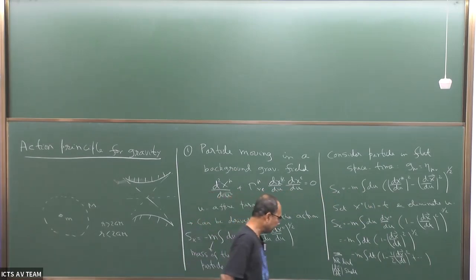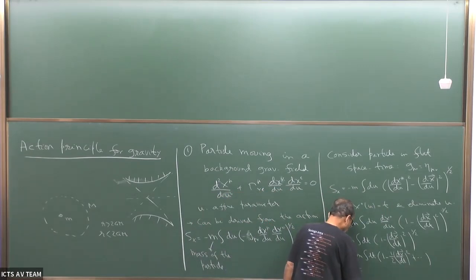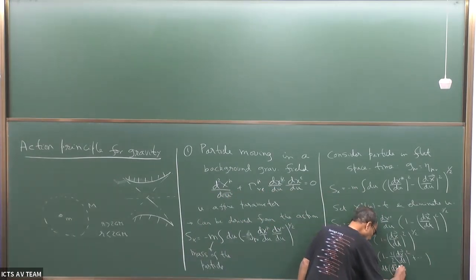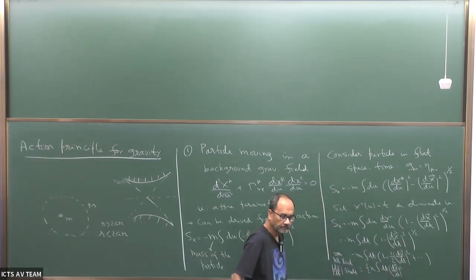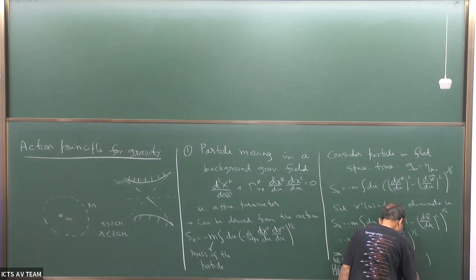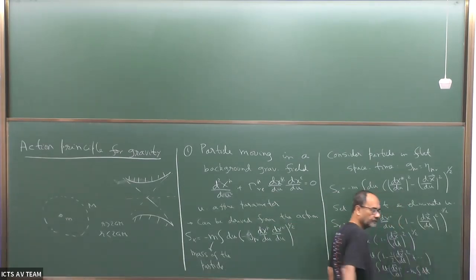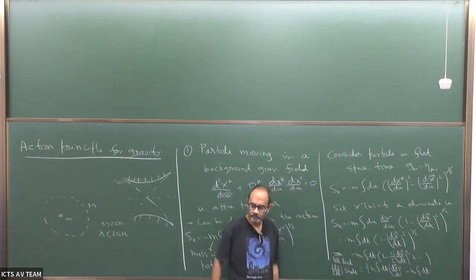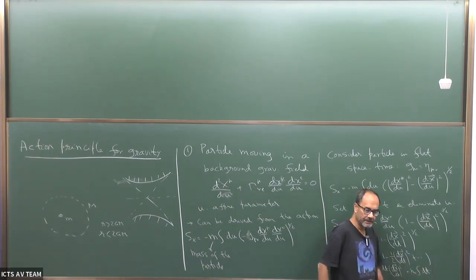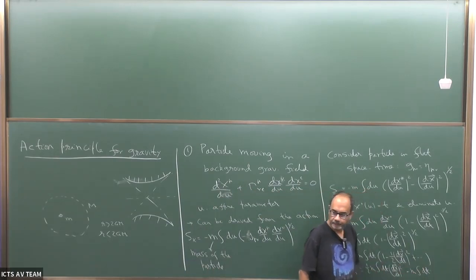Okay, so we see that we do have half m integral dt times (dx/dt) squared, which is the standard integral of the kinetic energy, minus m integral dt. This term is not really relevant; it is a constant that you are adding to the action.